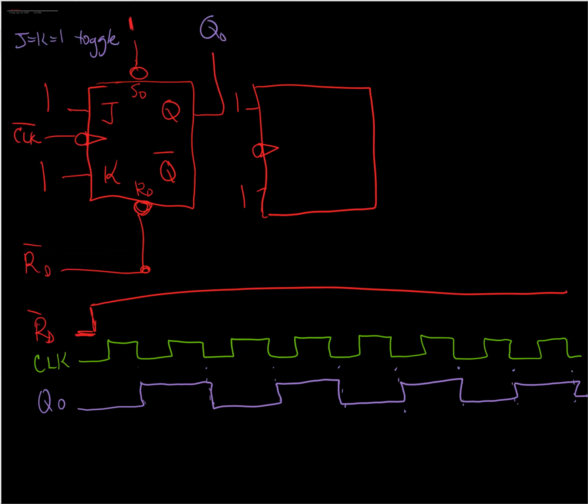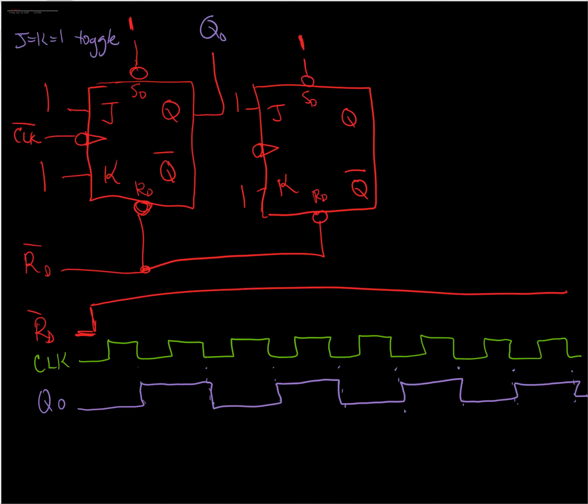We write J at the top and K at the bottom. I have Q and Q bar as outputs. Now I have a reset line which I will tie to the other reset line so that all the outputs get reset together. And I have a direct set line that I will tie high.